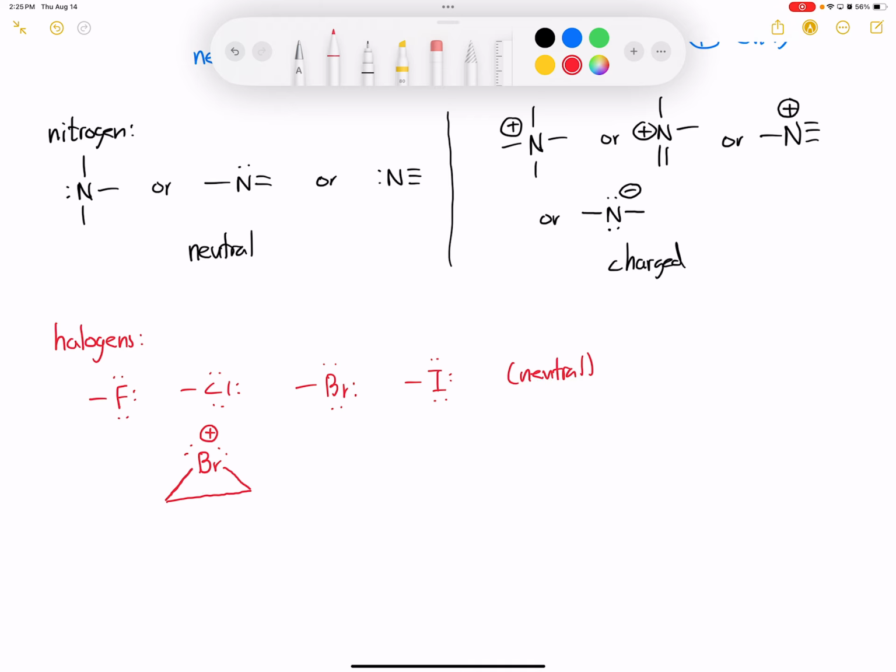Okay? So positive charge here. All right, so that structure looks weird, probably just by looking at it. It's like a triangle with bromine in it, but there have been implications that this does form. Okay, so this does exist. So those are all the forms you'll see, most of the common atoms and elements in this class.